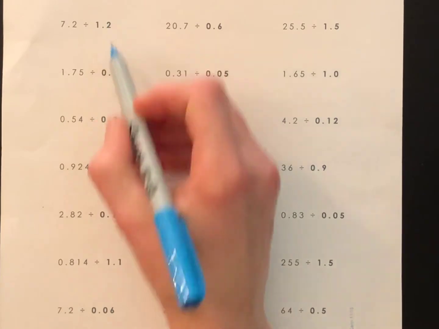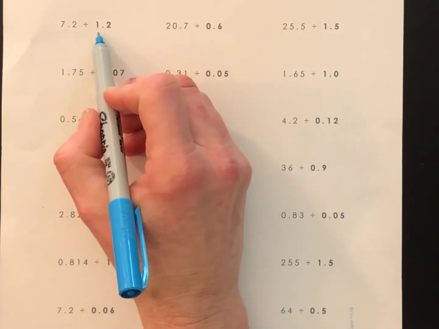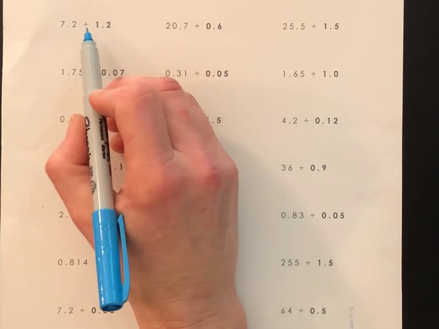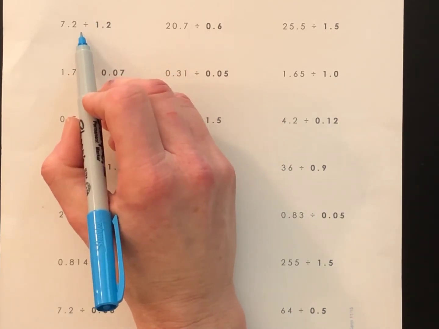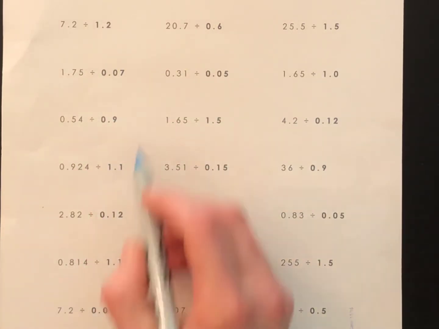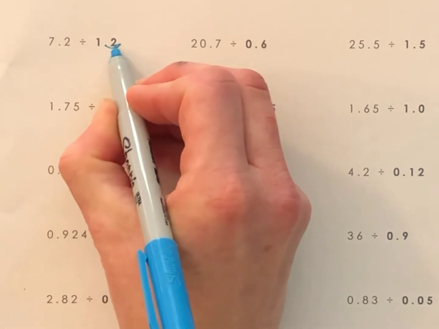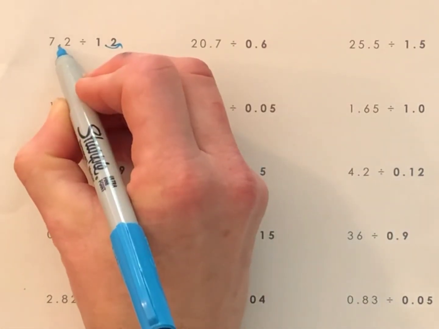This is the divisor. As you can tell, the divisor is always the number that comes after the division symbol. And they're all bold. I see that I need to move this over one decimal place, which means I need to move this one over one decimal place.